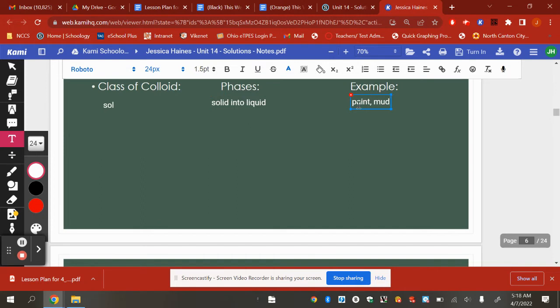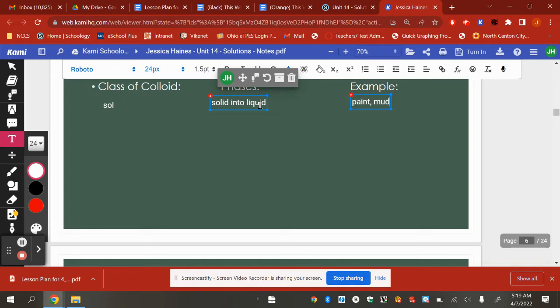But basically, paint is solid pigment particles that are dissolved into liquid. And then you paint it on the wall or on your canvas, and the liquid evaporates, and the solid is left over to be stuck on whatever you wanted to paint.